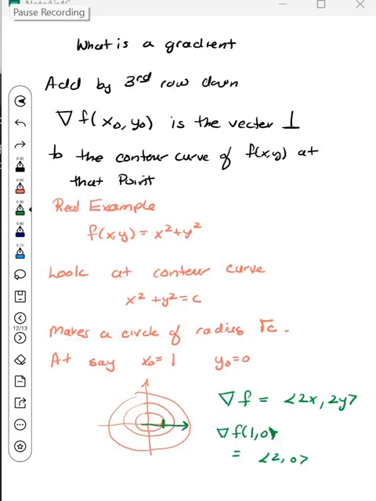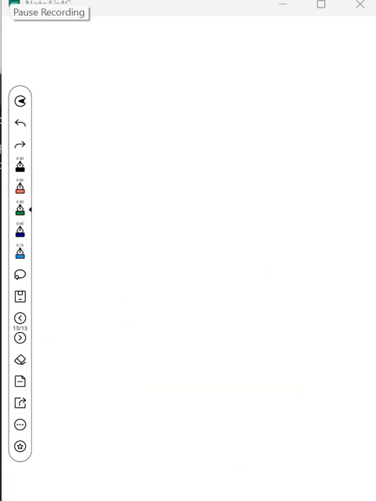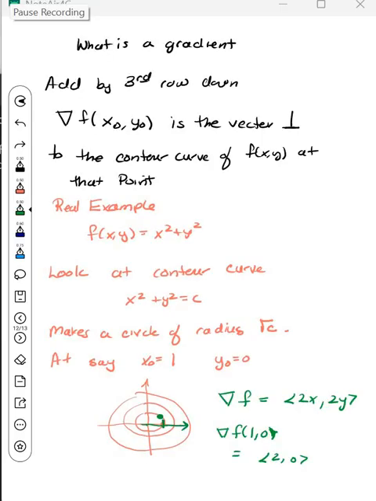All right, so everybody have this down? Let's pick another point. I thought an interesting one would be, I think I took 1/2 and square root of 3 over 2. Go ahead, ask.